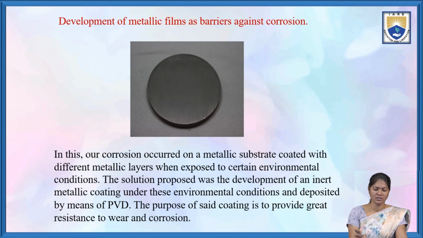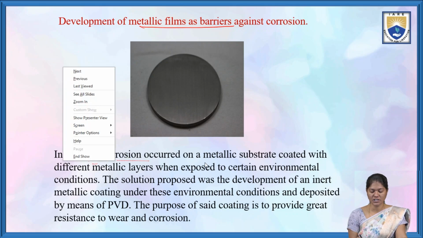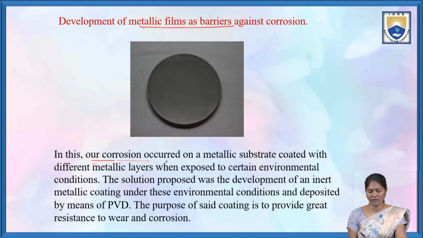Another example is the development of metallic films as barriers against corrosion. In this, corrosion occurred on a metallic substrate coated with different metallic layers when exposed to certain environmental conditions.